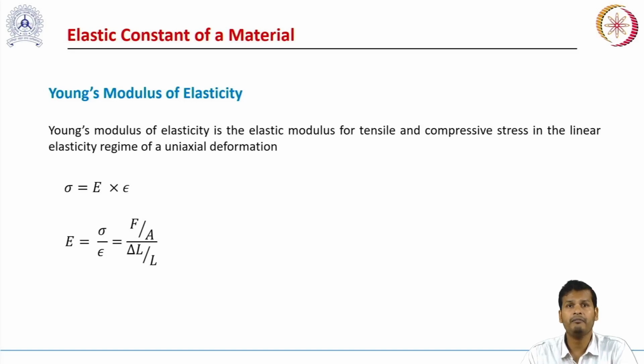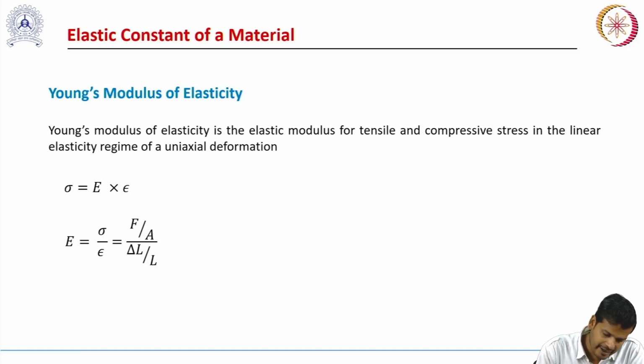For example, we can define the Young modulus of elasticity. Young modulus of elasticity is the elastic modulus for tensile and compressive stress when the stress is applied in the linear elastic regime, where the elastic deformation occurs.